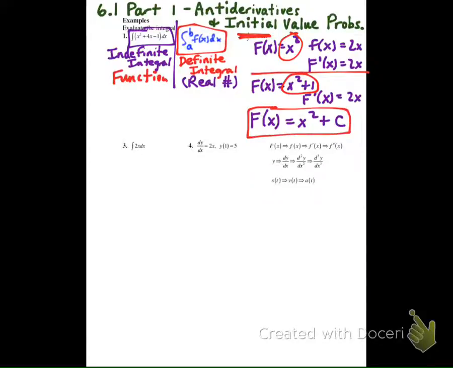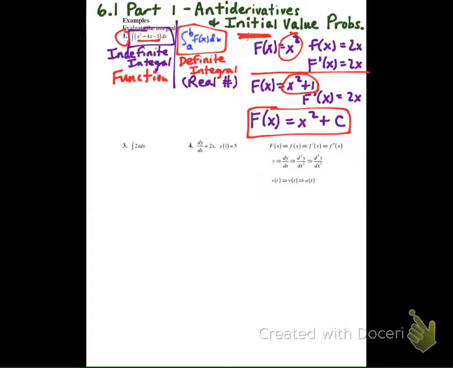Well, how do we apply that to our indefinite integrals? When we have an indefinite integral, that is synonymous with saying an antiderivative. Find the antiderivative of this function here, x squared plus 4x minus 1.